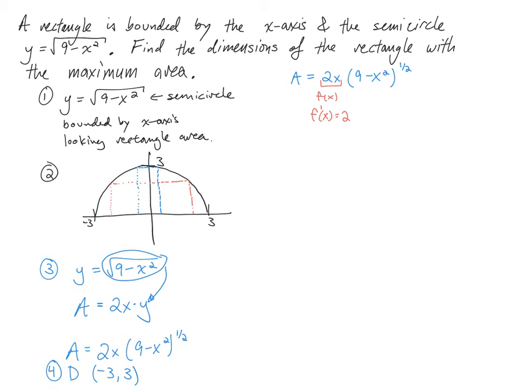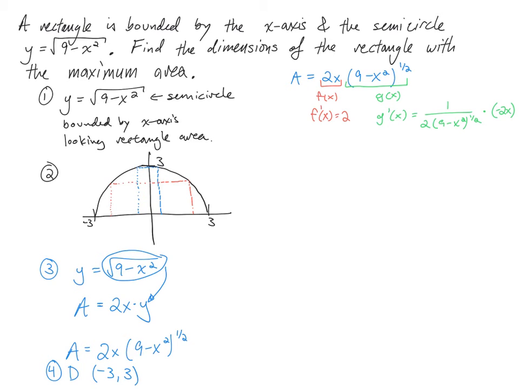And if you think of this one as g of x, then g prime of x will require the chain rule, and the derivative will be 1 over 2 times (9 minus x squared) to the 1/2 times the derivative of the inside, which would be negative 2x.